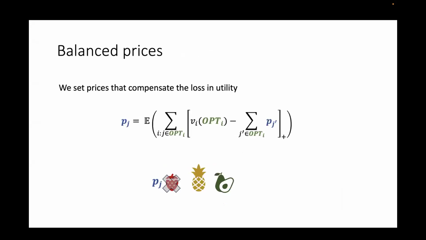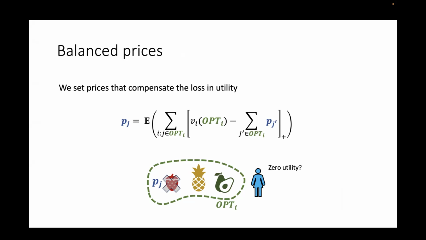Alright, so here is how we balance prices. If I sold this item j, this strawberry, someone paid p_j, but a person that comes later might arrive and wanted this set containing it, and since we have these complementarities, maybe they get zero utility, right? They needed that element in their set. So we want to compensate for that loss.